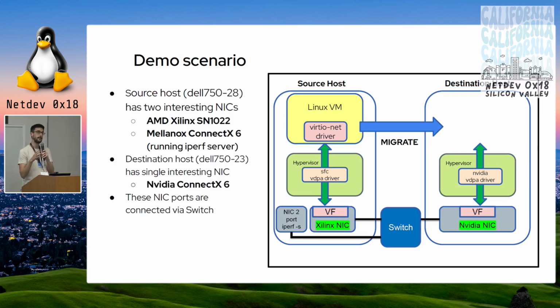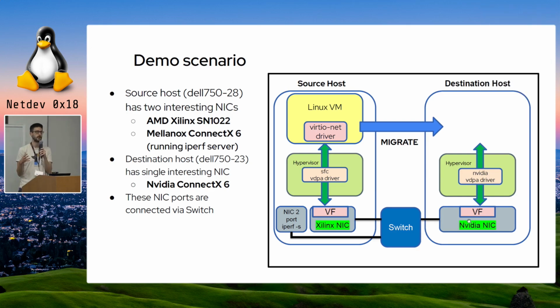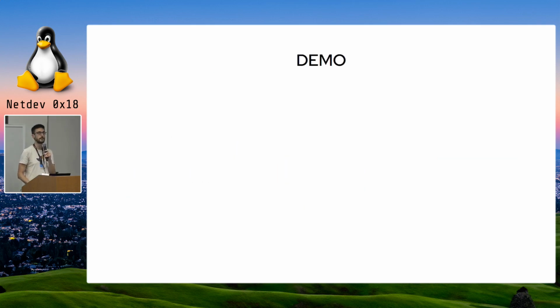In the demonstration, I will migrate from an AMD Solarflare NIC to an NVIDIA NIC. The demonstration is only a proof of concept. It is not tuned for performance or anything like that. And in the scenario, they are connected via a network switch. And we have another port which is running the workload server, so you can see that the migration keeps all the workload running.